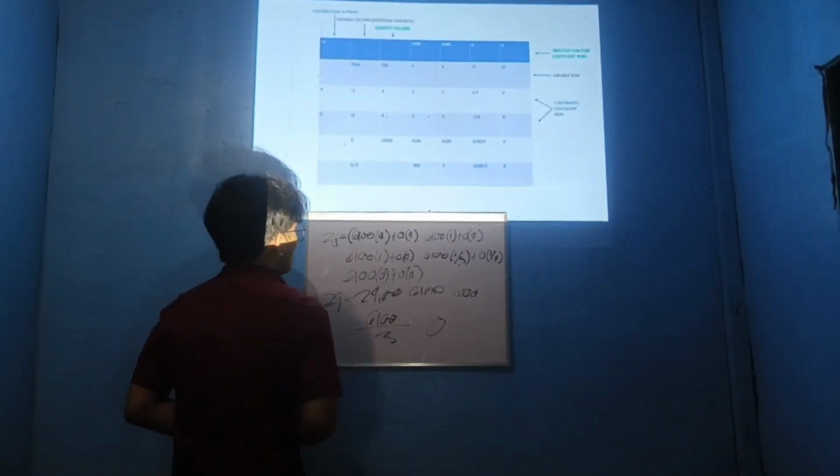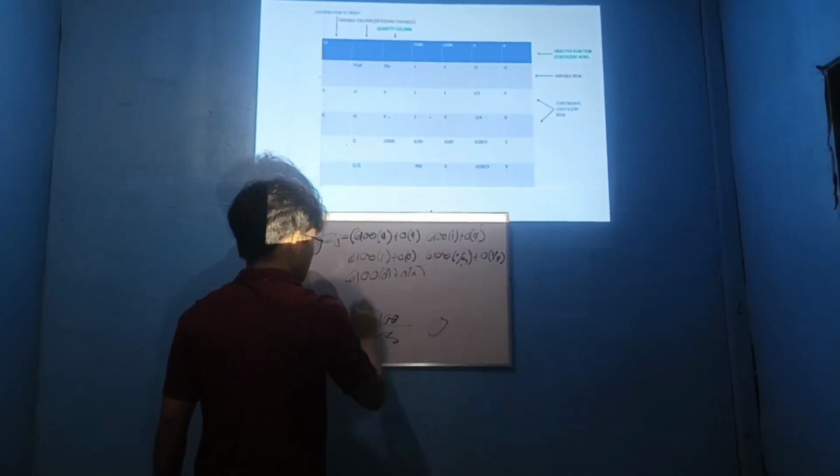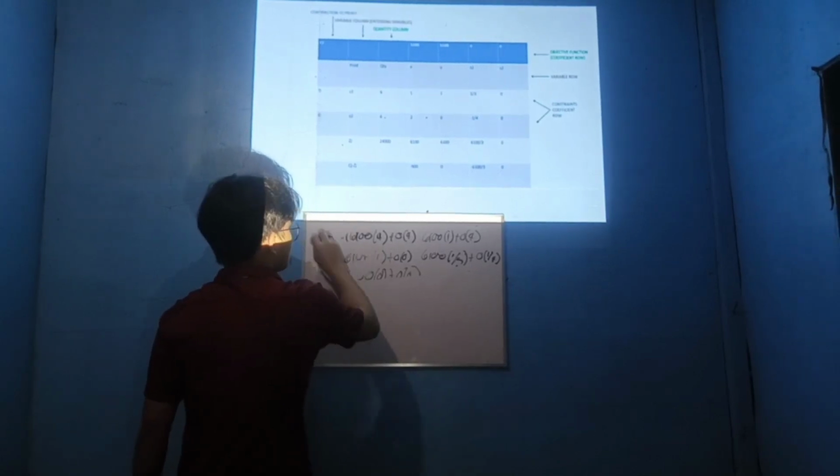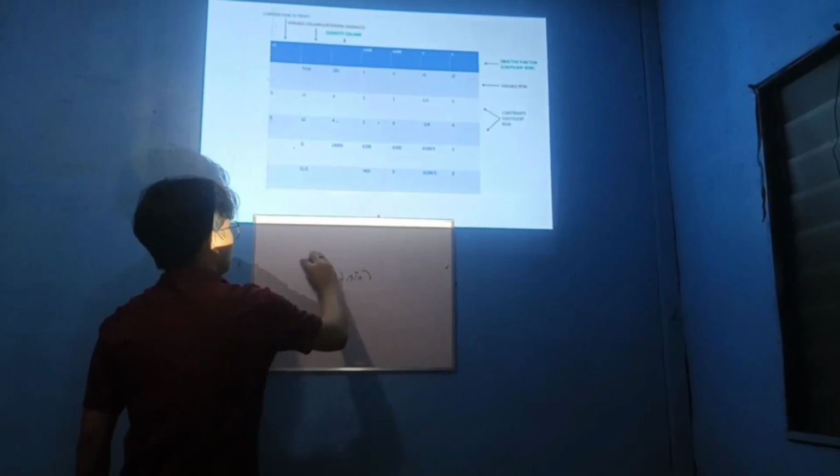To compute the CJ minus ZJ, we need to subtract our ZJ value from the objective function coefficient.